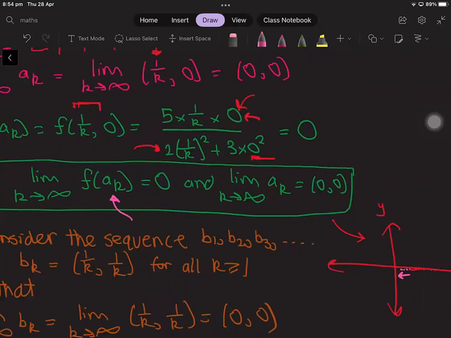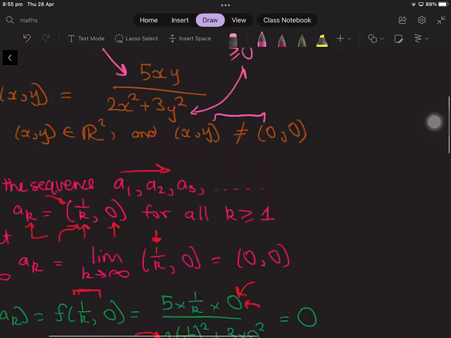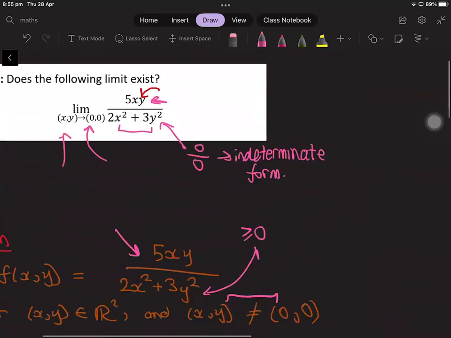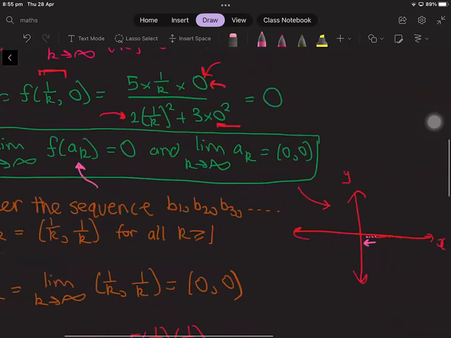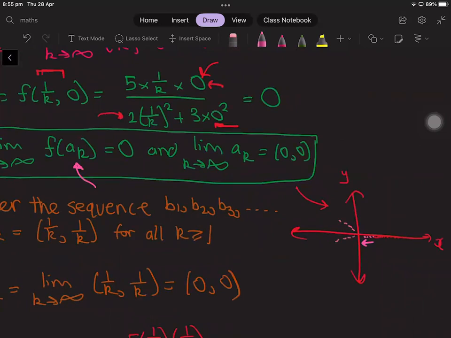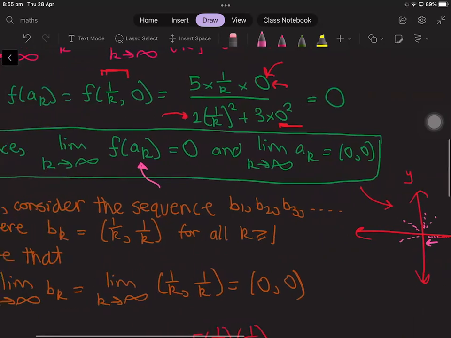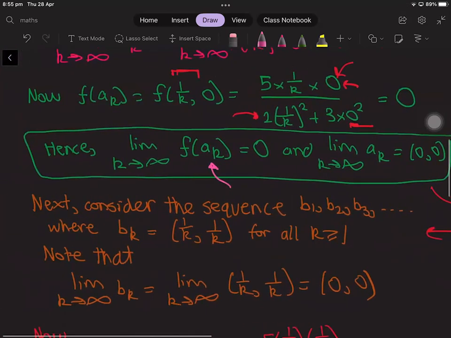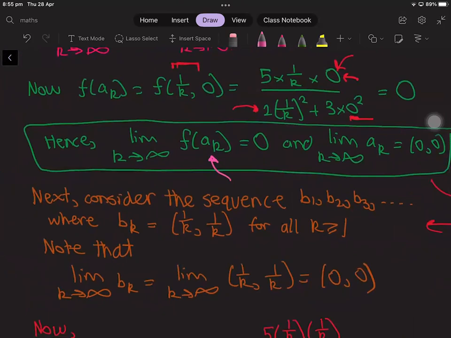Another thing we can see from this is that if we want this limit to exist, f has to approach 0 from all directions. No matter which direction we take, we want it to limit to 0 in order for the limit to exist. But we'll have a look at whether that's true or not.